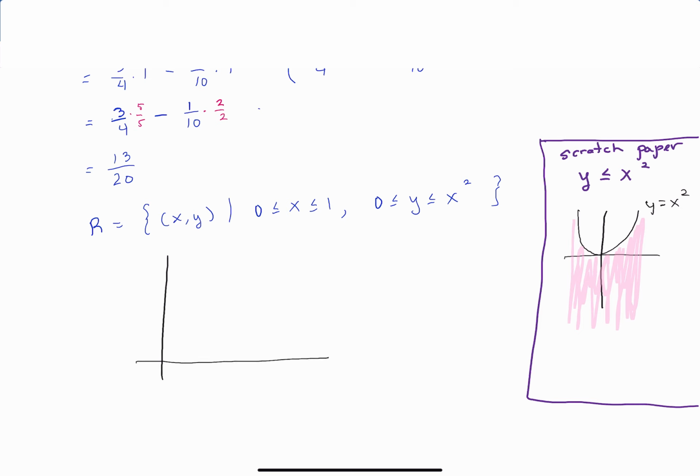X's being between 0 and 1 means that we are going to be to the right of the y-axis, but to the left of the line x equals 1. So I'm going to just dot that in there. And we're staying to the right of the y-axis. Then the y's are positive, so we're going to be above the x-axis.